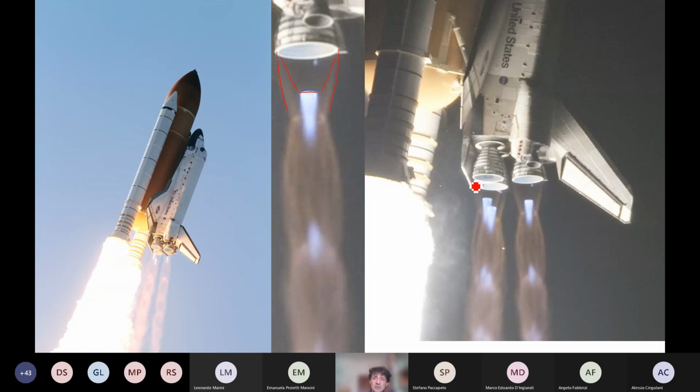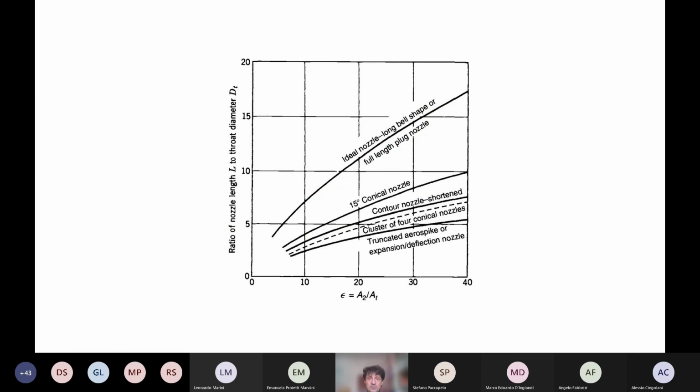So this is an enlargement taken from the right picture, and this is another picture where you can see the known shape of compressions and expansions with a diamond-like structure that occurs in both overexpanded and underexpanded jets.